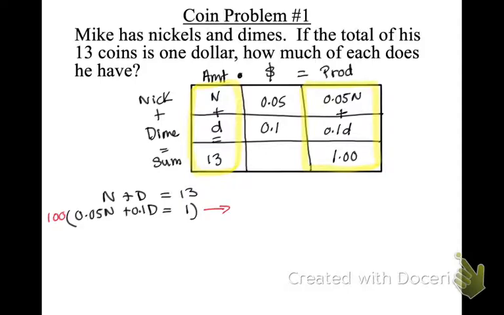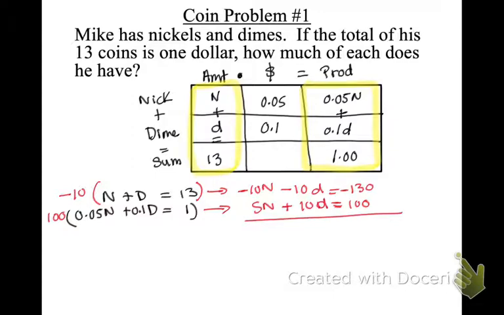So I'm going to get 5N plus 10D equals 100, right? Now over here, I'm going to make my dimes the additive inverse. So I will multiply this by negative 10. So negative 10 nickels minus 10 dimes equals negative 130.